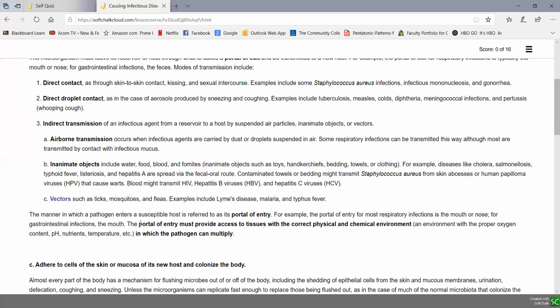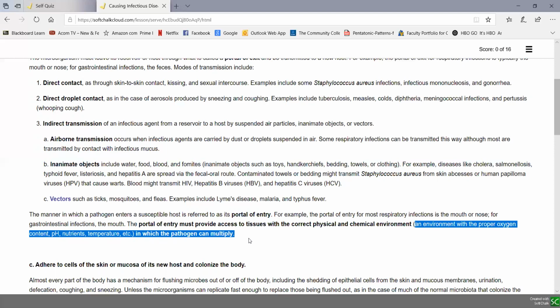That portal of entry must provide access to tissues that have the correct physical and chemical environment for growth of that organism. It has to be an environment that has the right oxygen content, the right pH, the right nutrients, the right temperatures and such that are needed for the organism to survive and multiply.